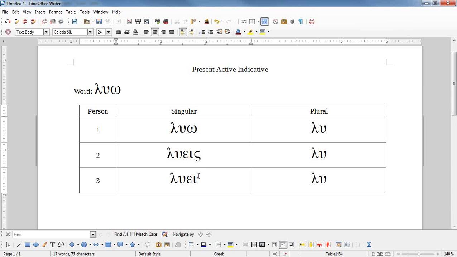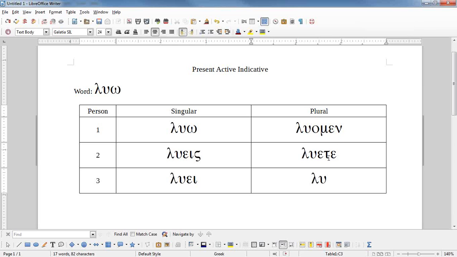Now let's go to the plural side. Your first person plural is omicron, mu, epsilon, nu. Luomen. Second person plural is epsilon, tau, epsilon.